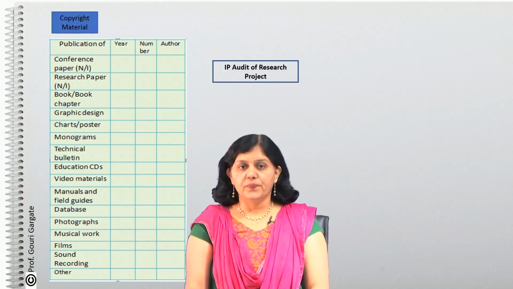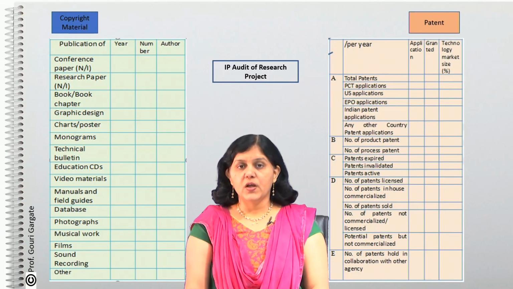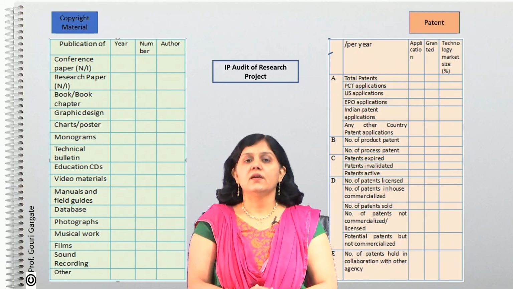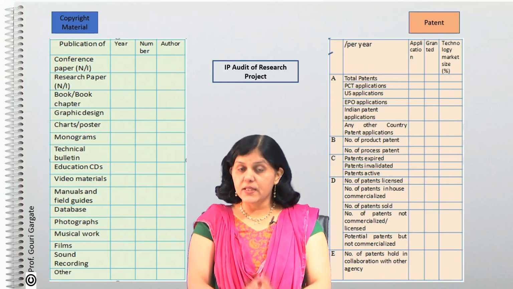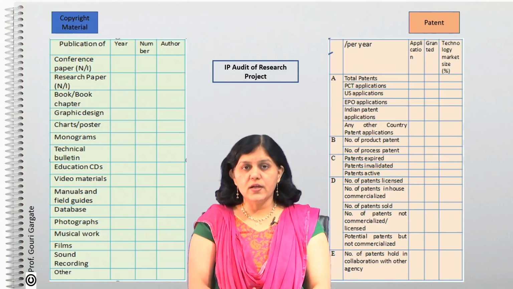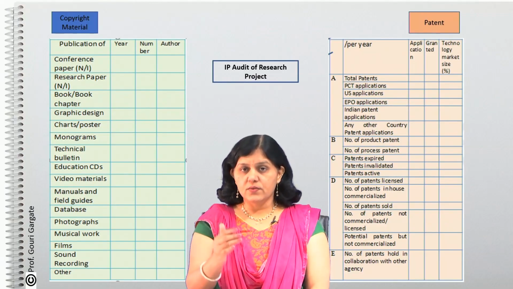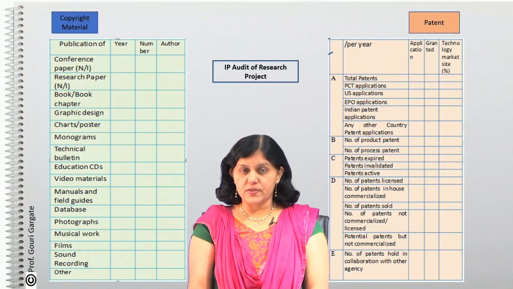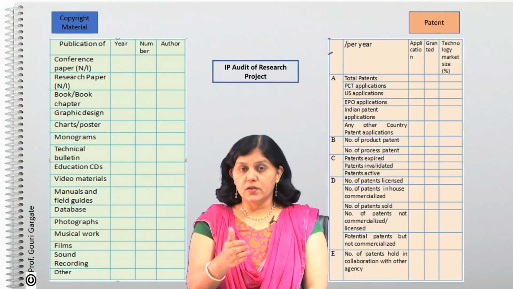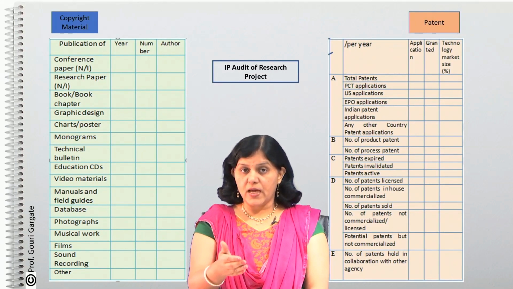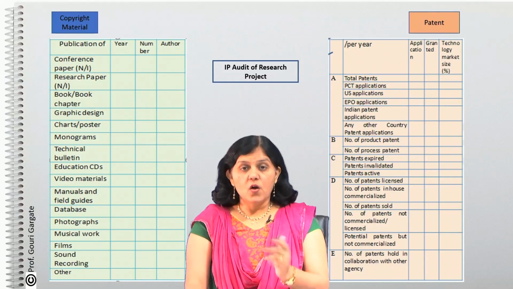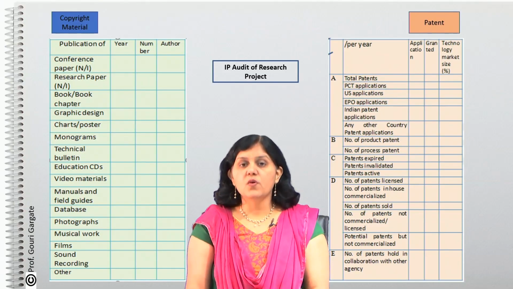Okay. Now, next is patent. What things can you record related to patent? Again, this is indicative, it is not exhaustive. You can list down the patents you own, that is the first thing. The various categories can be as follows. How many patents, that is the total number of patents.